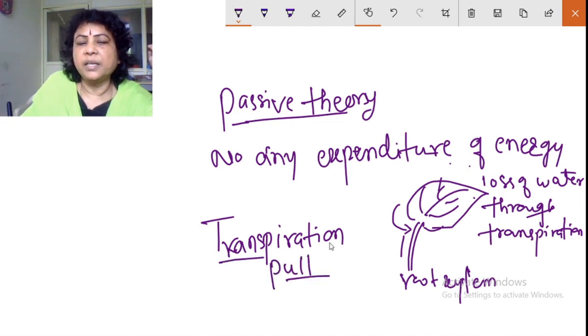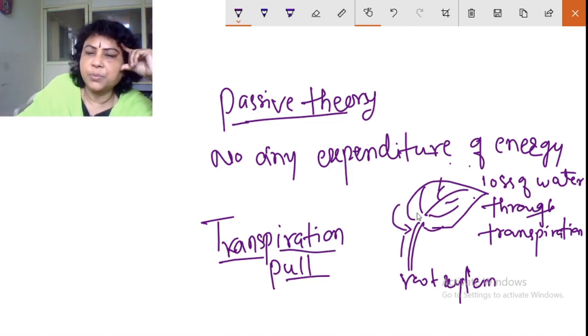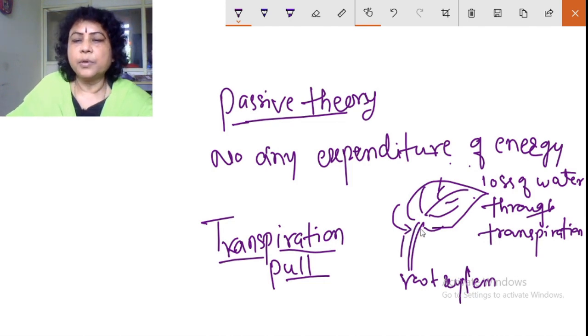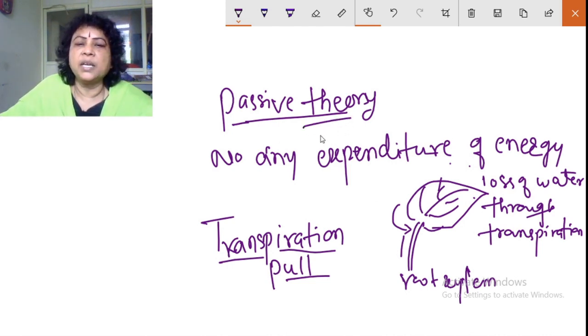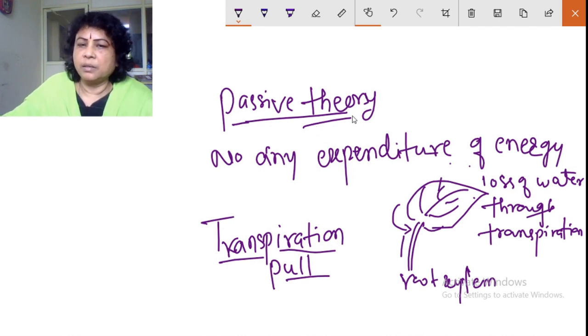This strain, created in the leaf xylem due to transpiration, is transferred to the stem xylem, and from the stem xylem to the root xylem. That strain is responsible for creating the transpiration pull, and this transpiration pull is responsible for absorption of water. So according to the passive theory, there is no respiratory energy or osmotic movement.